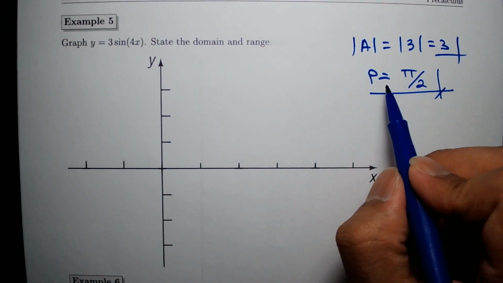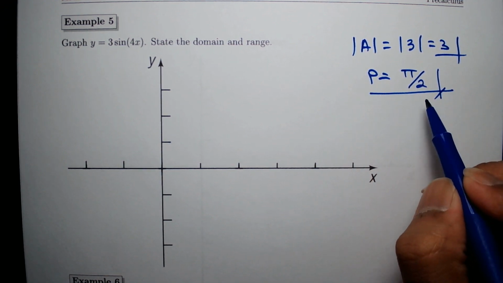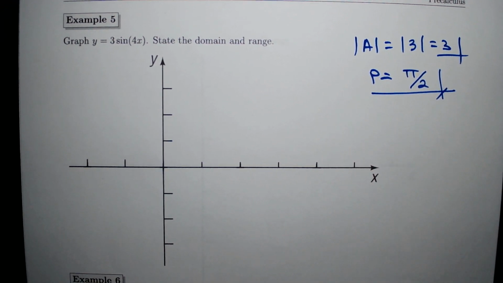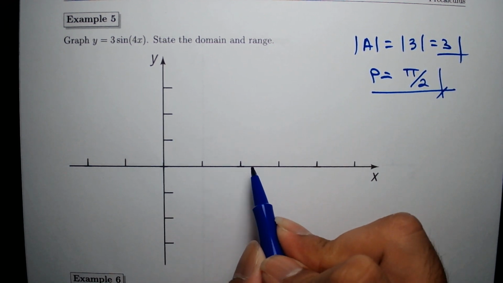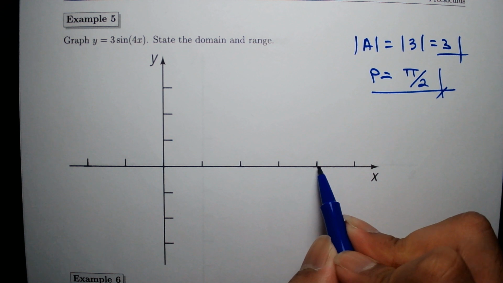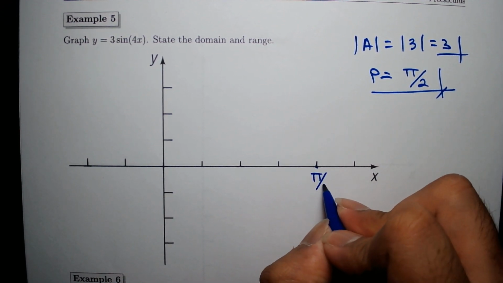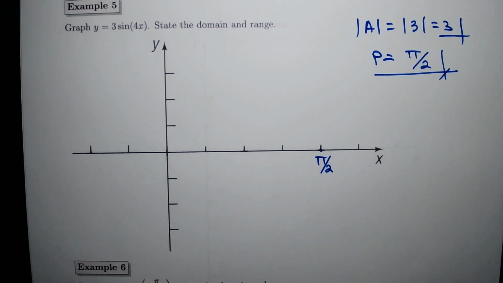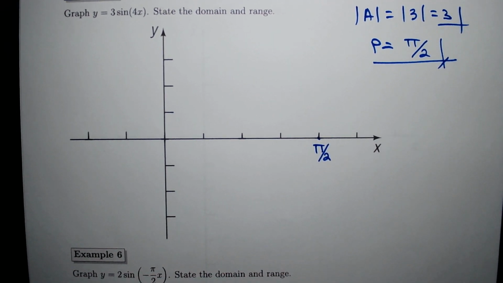So that means that the graph completes one cycle at pi over 2. Originally, this is pi over 2, pi, 3 pi over 2, and 2 pi. Well, not anymore. This is going to be pi over 2. And then I'm going to divide this into 1, 2, 3, 4 equal parts.